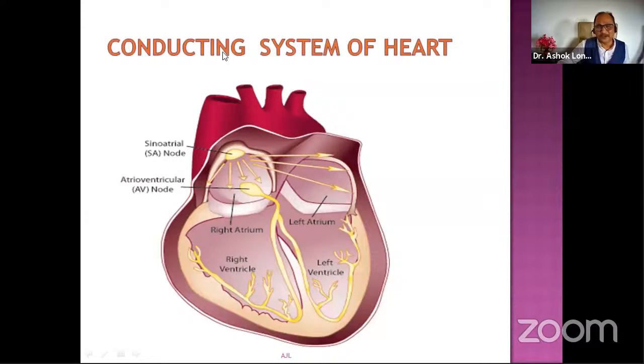The conduction system of the heart. Why do we need conduction? This conduction actually helps the heart to beat. This is the sinoatrial node. This node initiates the first current, and the current is passed to the septum area, then goes to the atrioventricular node, and from here, when contraction starts, the blood goes all over the body.